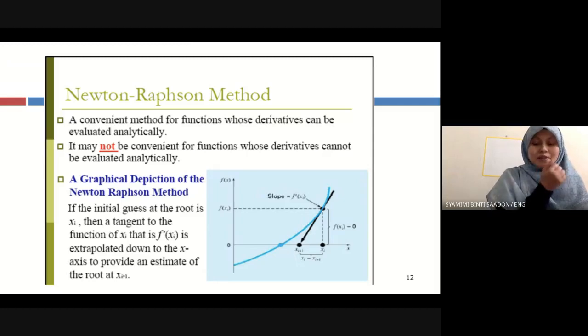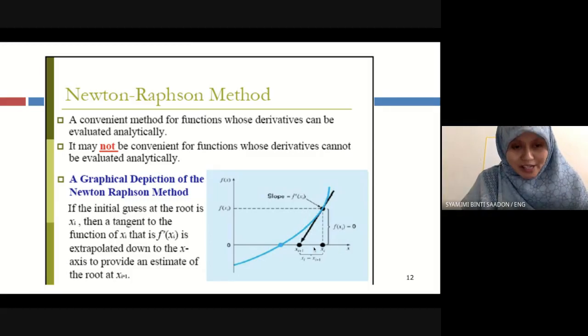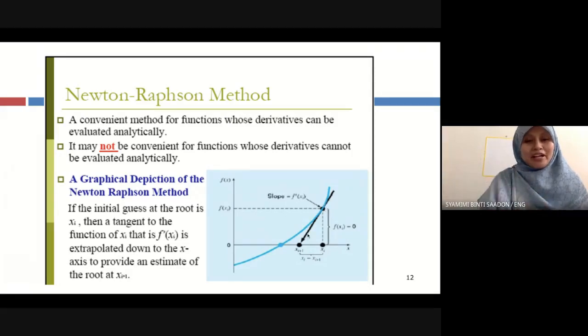So how does the Newton-Raphson method actually calculate? We choose xi, and then we calculate the derivative at point xi, f prime of xi. Then we do the extrapolation to find the next guess of the root, which is xi plus 1.